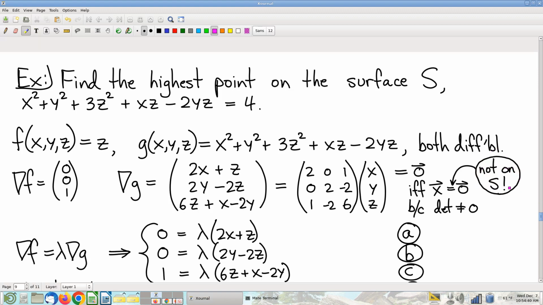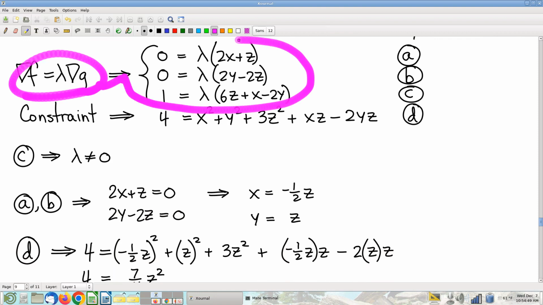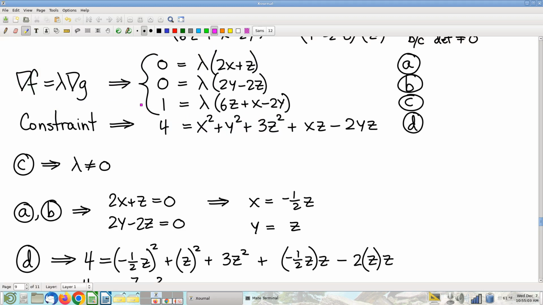All right, and now to where the algebra fun begins. We write down our Lagrange conditions, and again, it's just a matter of writing down the gradients and setting them. Gradient of f is lambda gradient of g, and writing it down in coordinates, you get this. Again, we only care about points that satisfy these equations if they are also on our constraint.